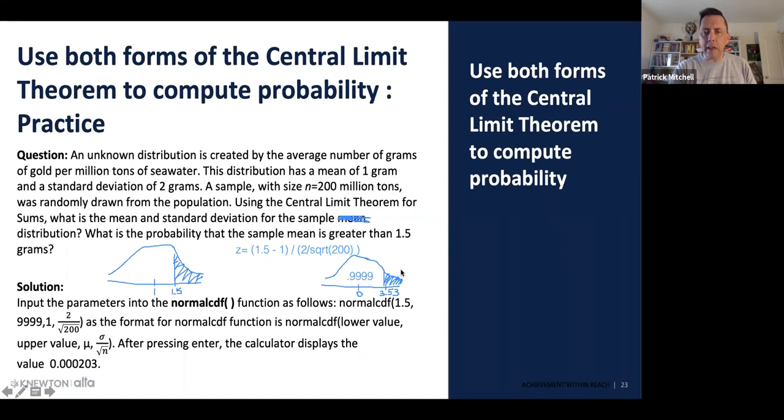So if I was using the table, my answer for this probability would be 0.0001. When I used my graphing calculator, I got this answer, 0.000203. Okay, so that should be a little bit more accurate. All right, and that is the end of the video on chapter 7.